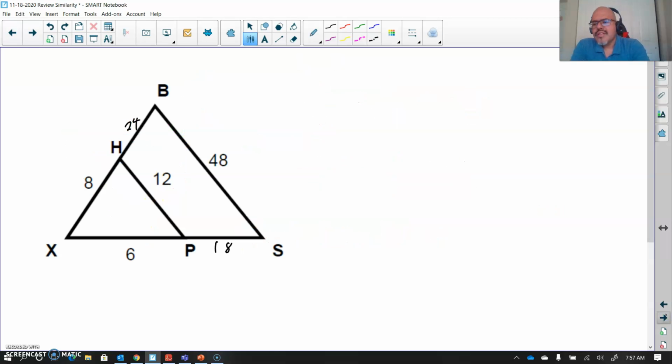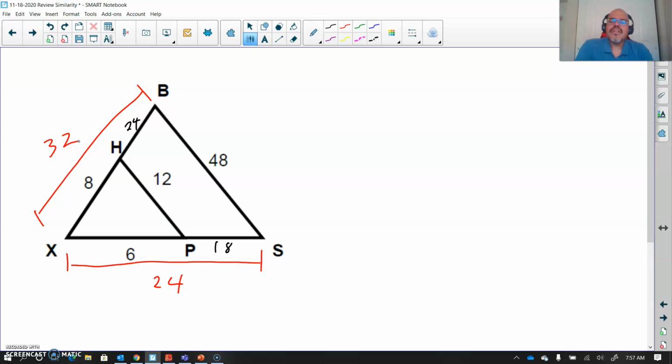Okay, so now we have this particular problem. If you look at the length for x to s, that's 24 units. I'm also going to do the same thing from x to b, which is going to be 32 units. Now, we're going to check if we have similar figures. According to side, angle, side similarity, we can also do this by side, side, side, but we're going to just check this one first, since they have an angle in common. So 8 divided by 32, see if that's equal to 6 divided by 24.